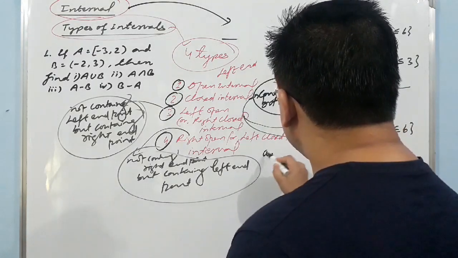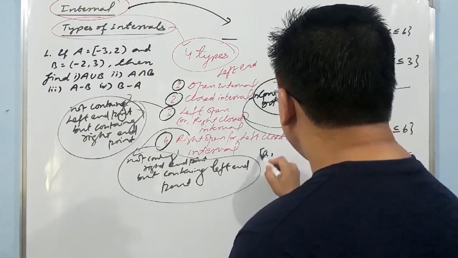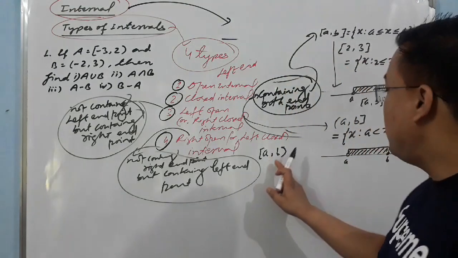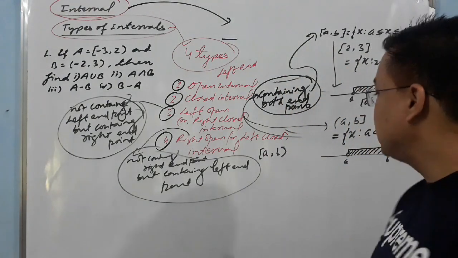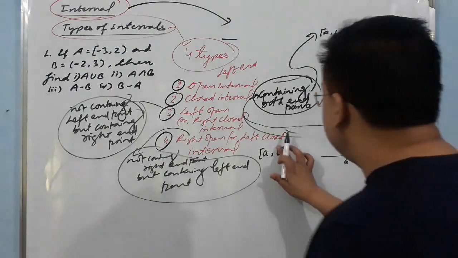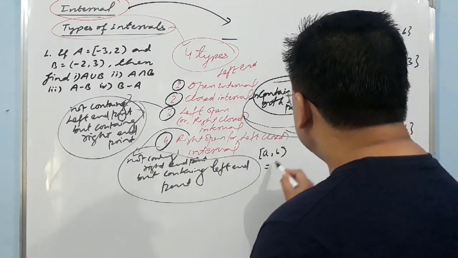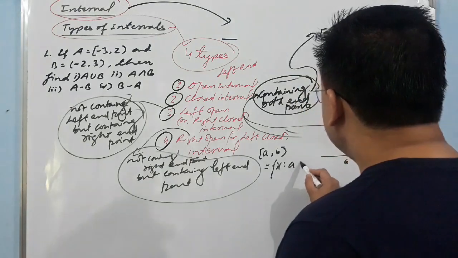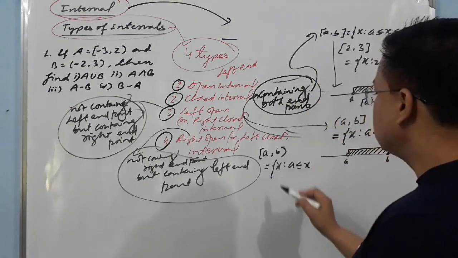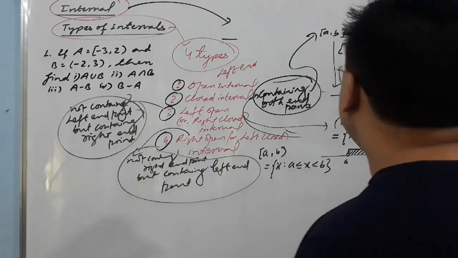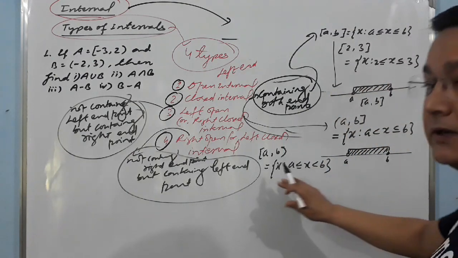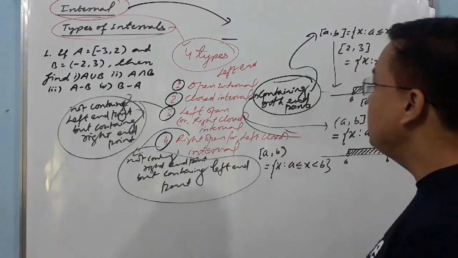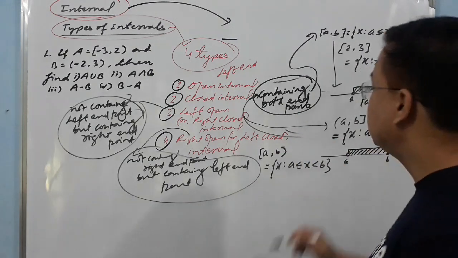So we can represent it this way: the left hand point is enclosed by a big bracket and the right hand point is enclosed by a small bracket, which is equal to, in set builder format, such that a ≤ x < b, we can represent it like this. Now I think you understood this is your right open or left closed interval.